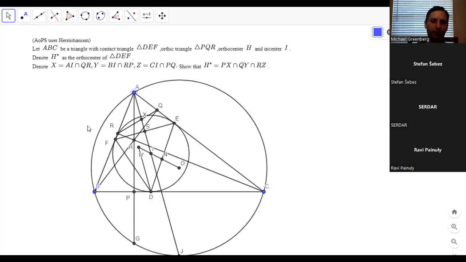Well, okay, it has to lie on the line IO, and it has to take one circle to the other. So it's a point on IO, and you calculate the ratio of the radii, and that's how you figure out where it is.